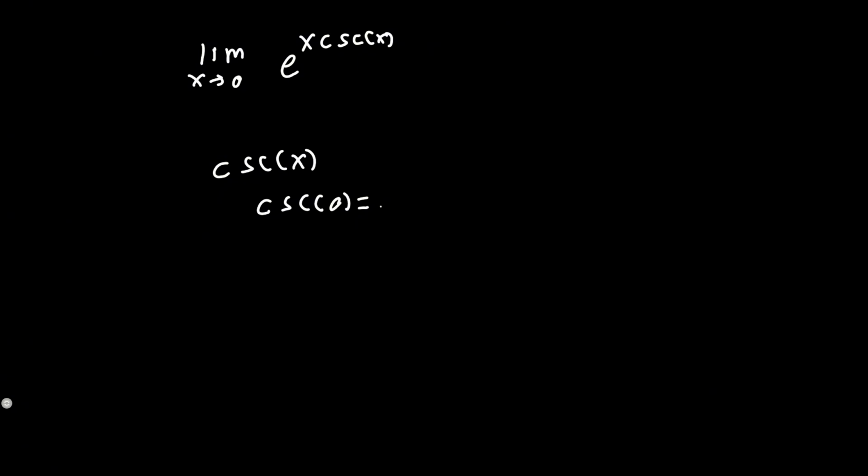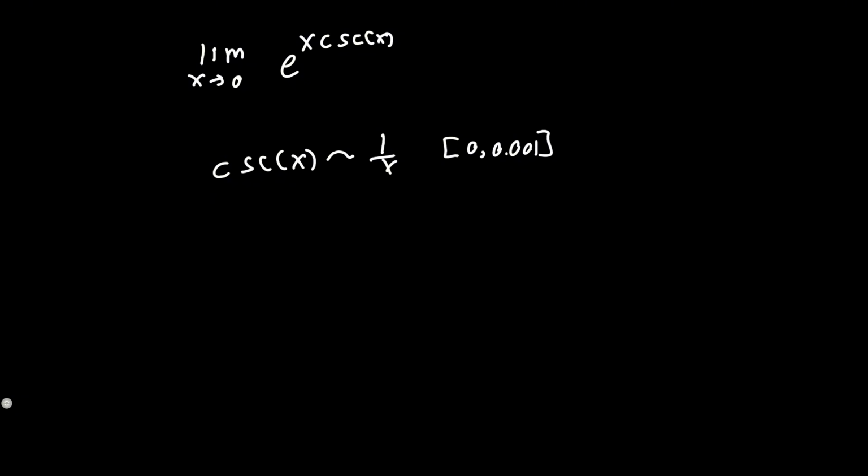If you look at it from the right side of x equals 0, then it goes up to positive infinity. And we know that 1 over x, as we look at it from the right side of 0, is going to go to infinity as well. So we could say that cosecant of x is asymptotic to 1 over x for values between 0 and an extremely small number, 0.001.